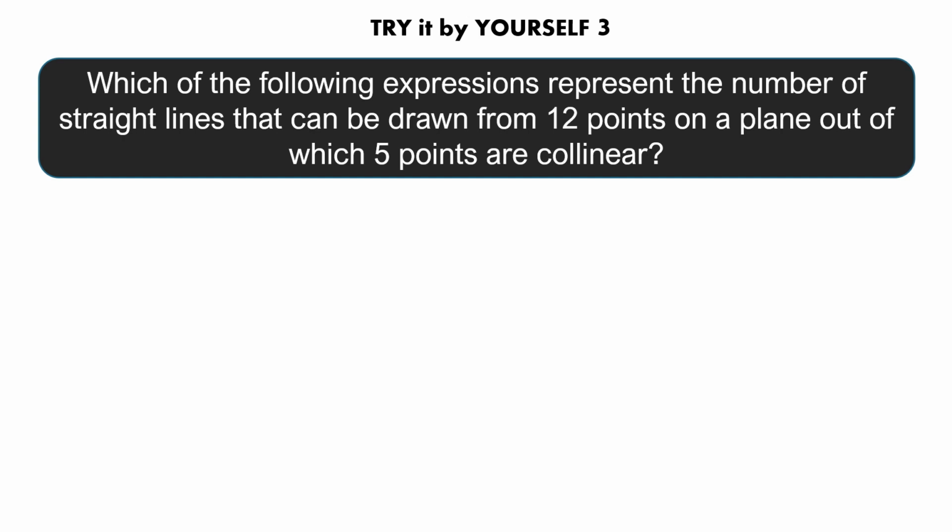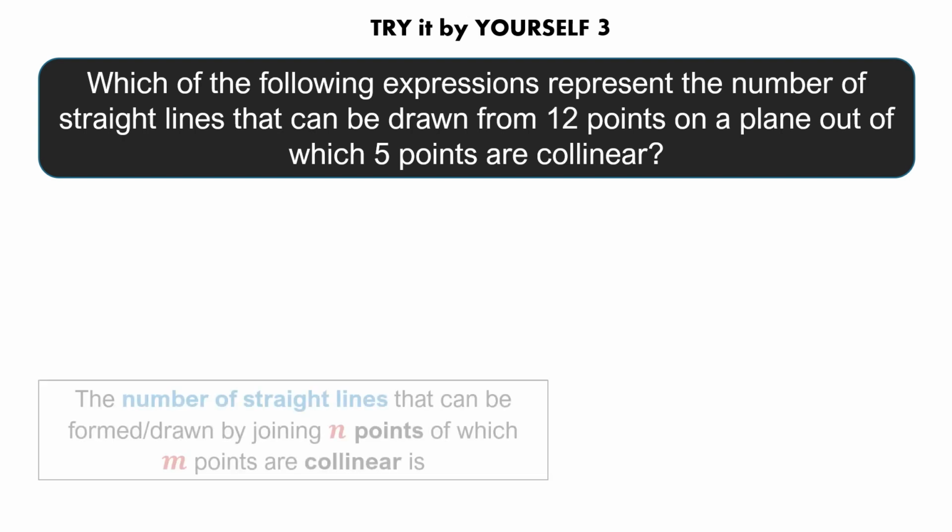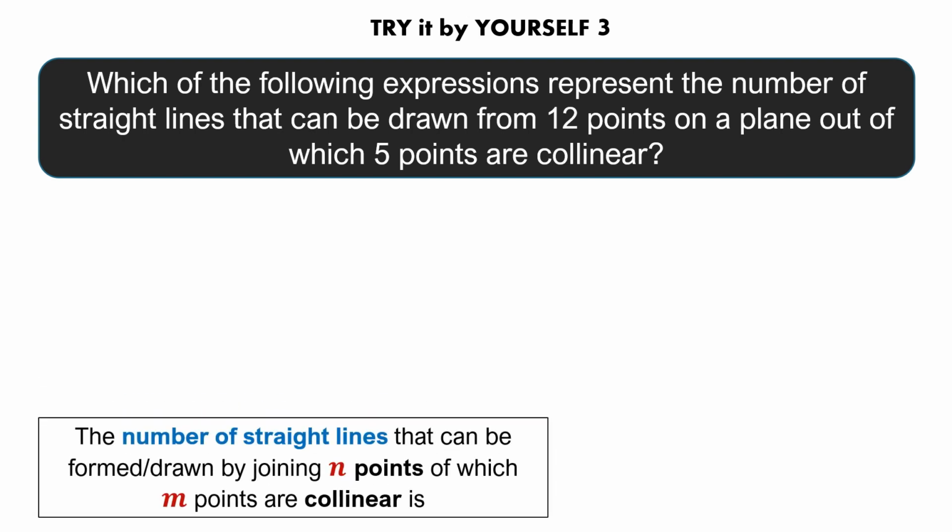You don't need to literally draw or ilatag lahat ng possibilities. That is just to show you and make you understand how the formula works in this kind of problem. You can now use the formula in solving problems of this kind.